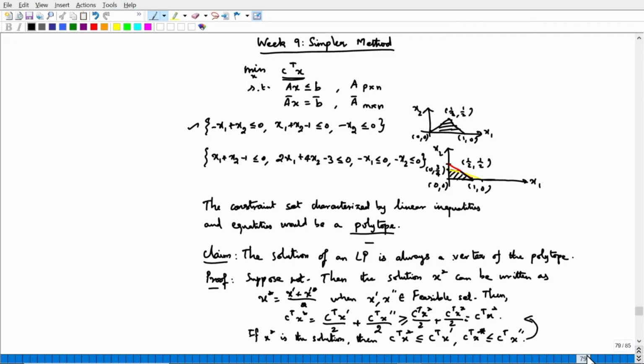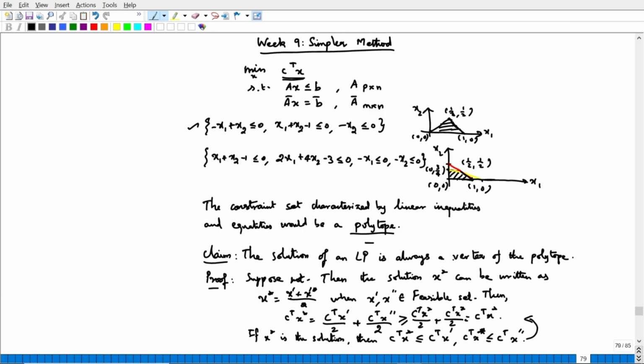So what that means is that you either have a vertex as the solution, or you have all of the points in this line as the solution, right. So what that means is that at least there is one vertex which is always a solution.